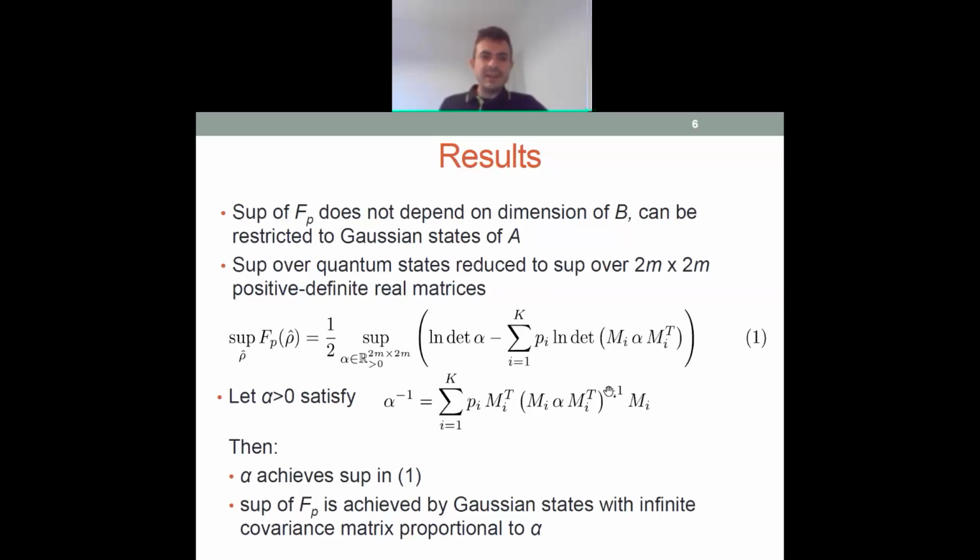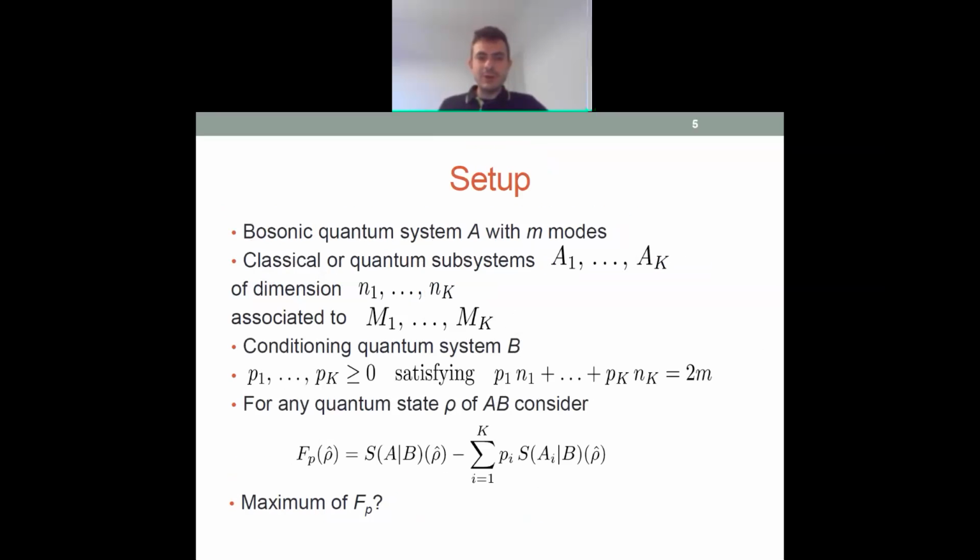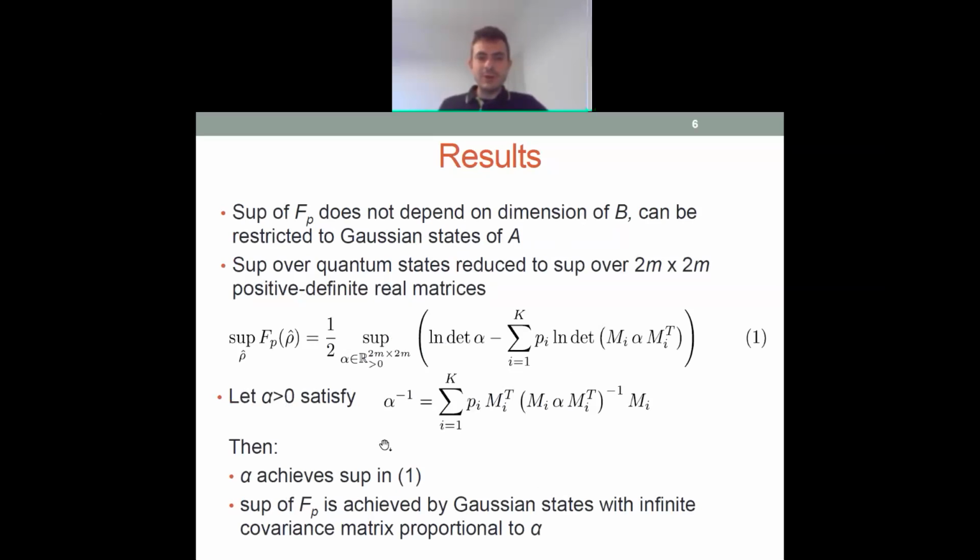And if you want to connect this to the optimal quantum states that saturate this inequality, that maximize this function here, we have also proved that if we have an alpha that is a stationary point of this function, then the supremum of the function of the quantum states is achieved by Gaussian quantum states in the limit of an infinite covariance matrix.